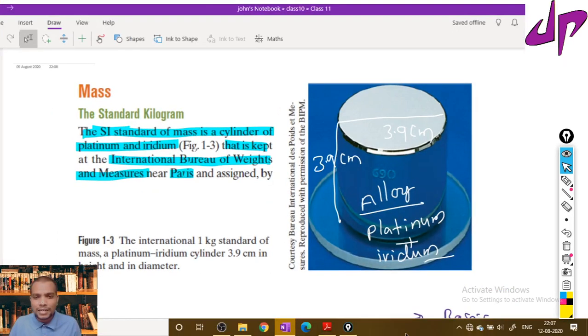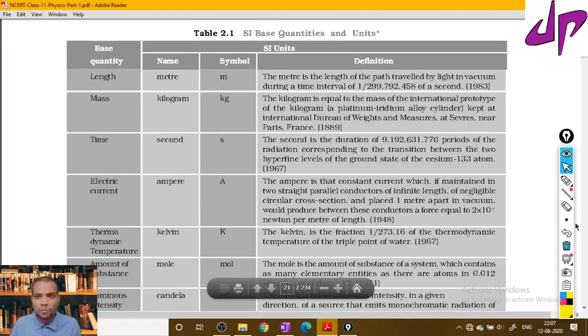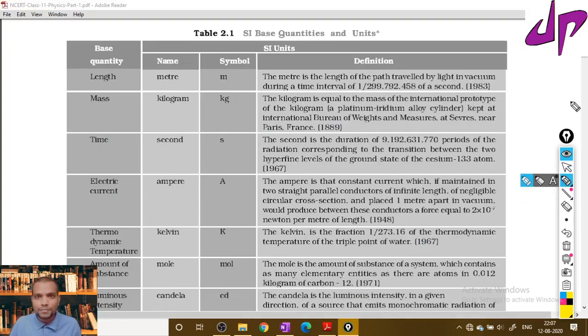So the exact definition of mass: the kilogram is equal to the mass of the international prototype. Prototype means exactly the same prototype of the kilogram.